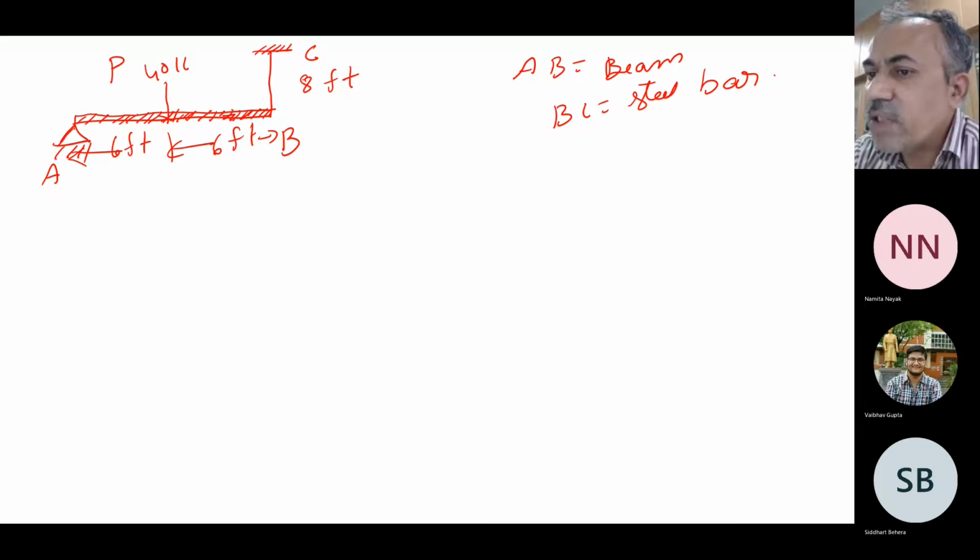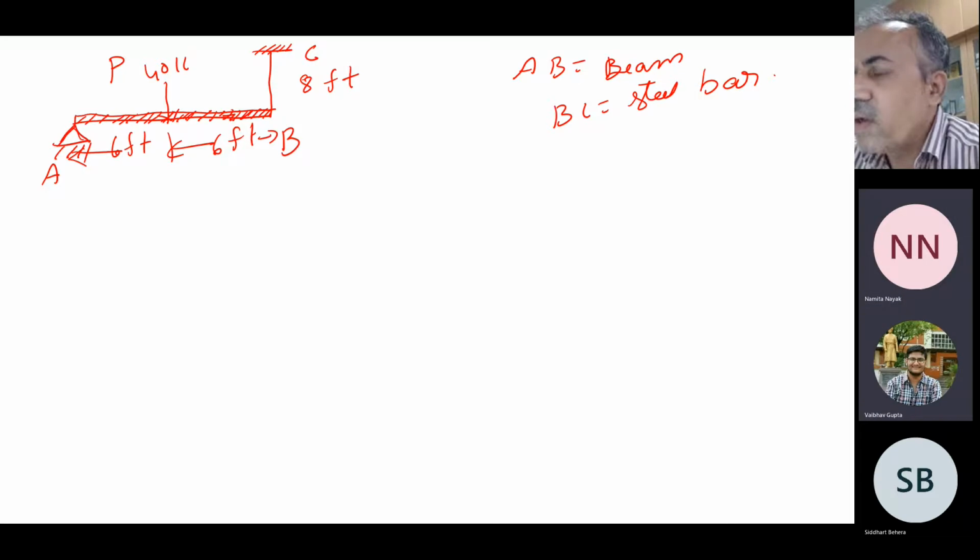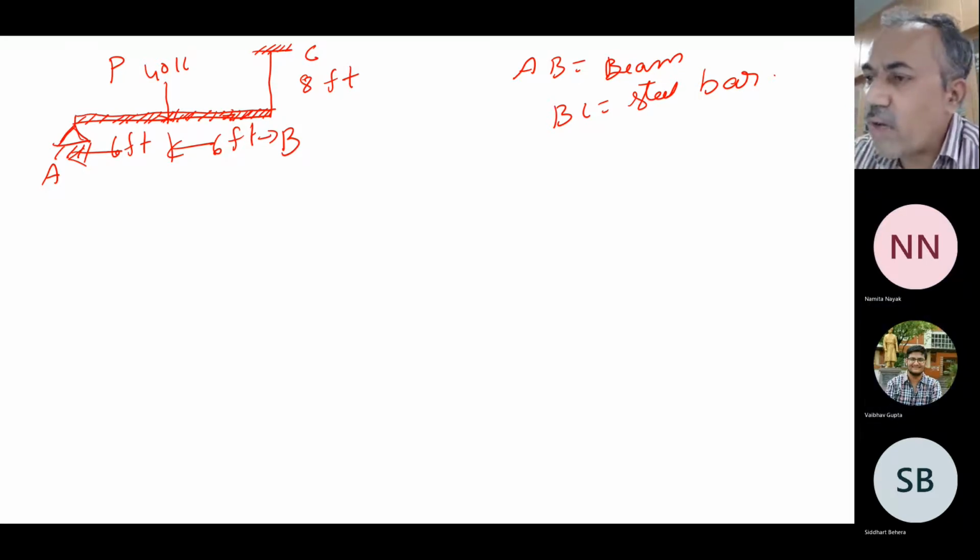Suppose this end was fixed, then what could have happened? But the support A is simply supported, it won't collapse. Then you would have to do parallel or whatever else comes. But since this end is simply supported, these two elements are in series actually.